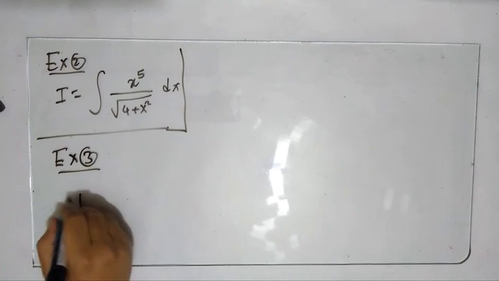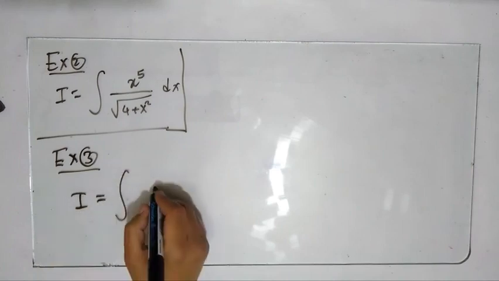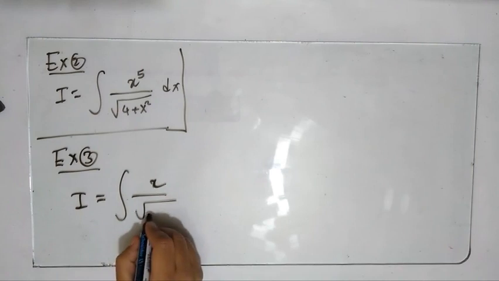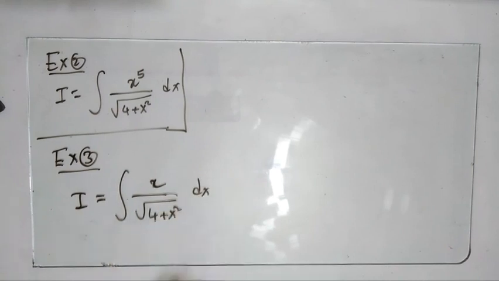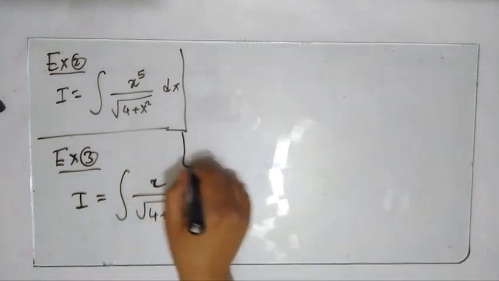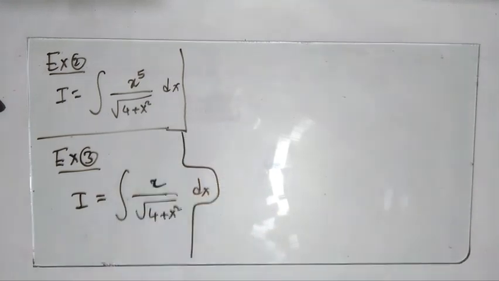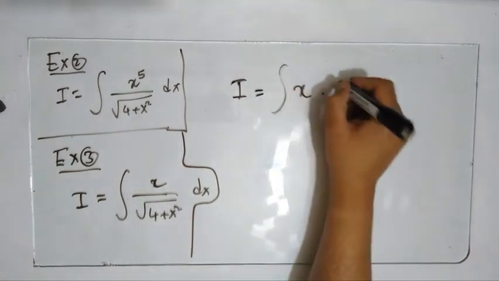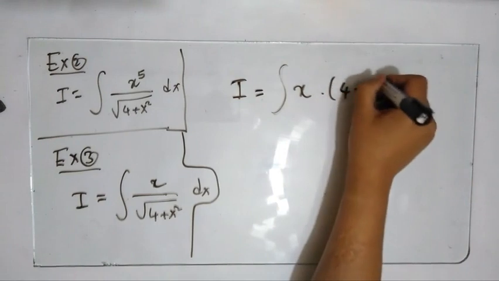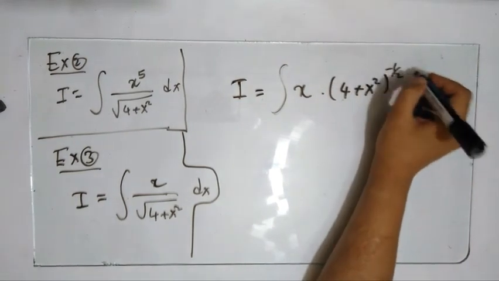So we want to solve this integral, which is x over the square root of 4 plus x squared dx. Maybe you can say, okay, we have a square root of a quadratic expression, so we have to use this trig substitution. But actually this is much easier than that. How? This integral can be written as x times 4 plus x squared all to the power negative half dx.